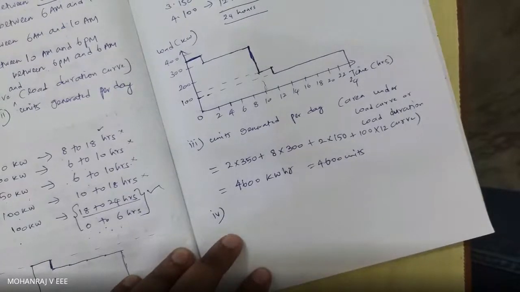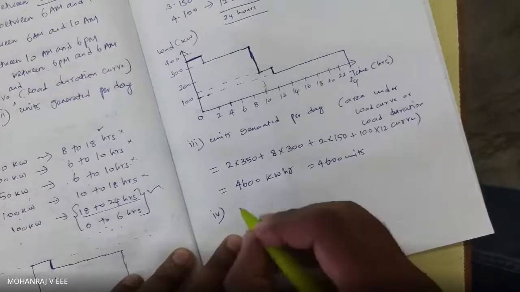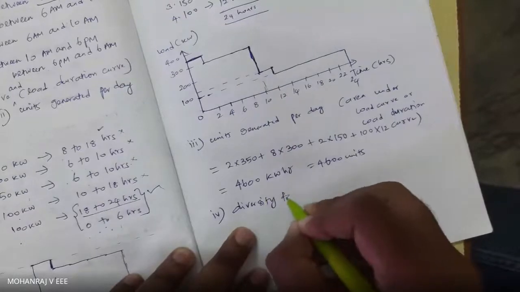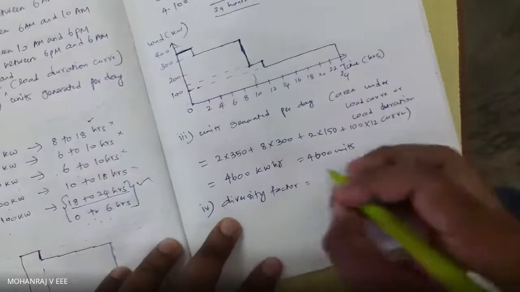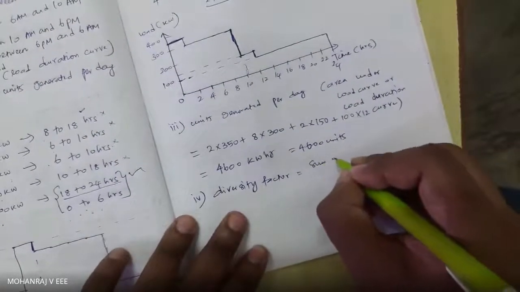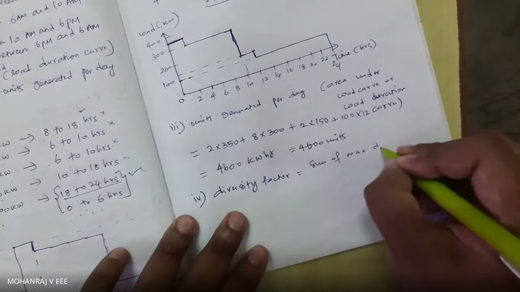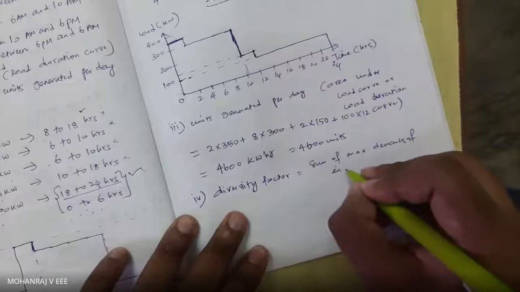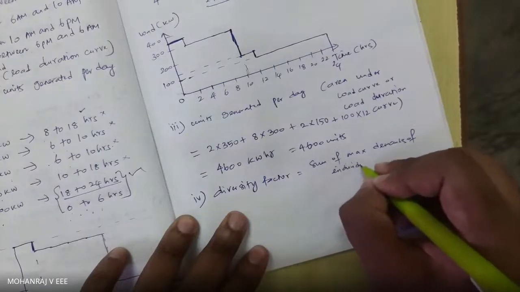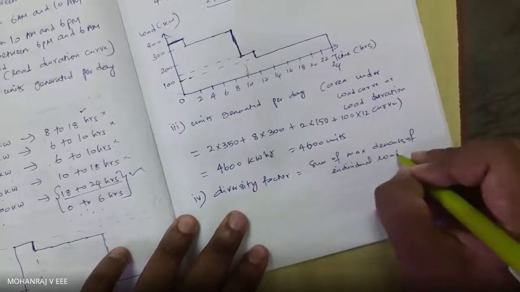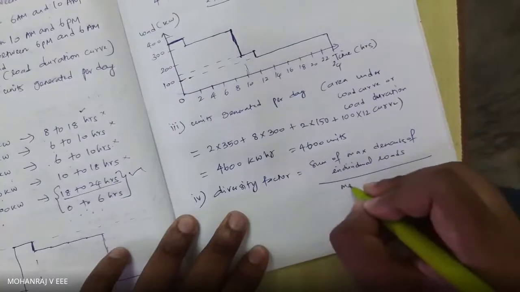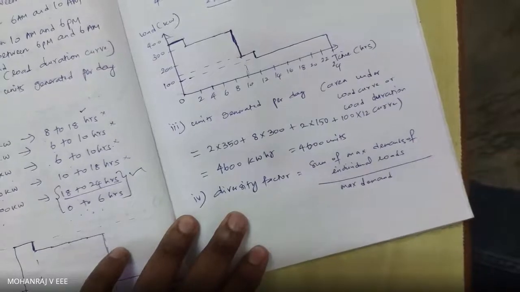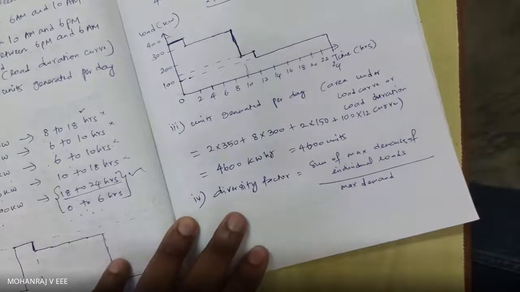How about my next subdivision? I have to find my diversity factor. How to find diversity factor? Sum of maximum demands of individual loads divided by maximum demand of the plant. The maximum demand of the plant is 350 kilowatts, which is evident from the load curve.